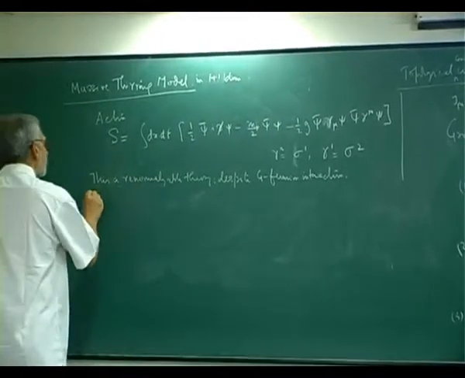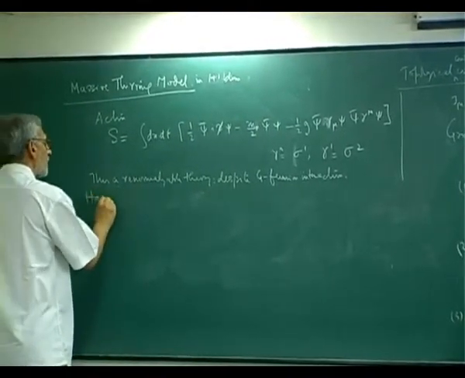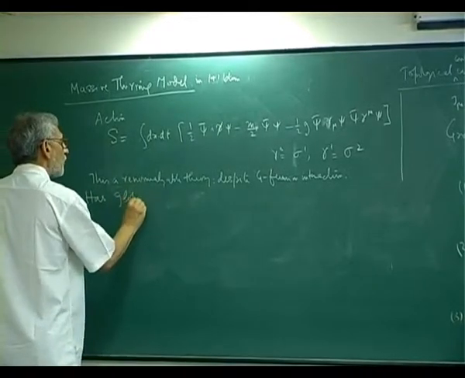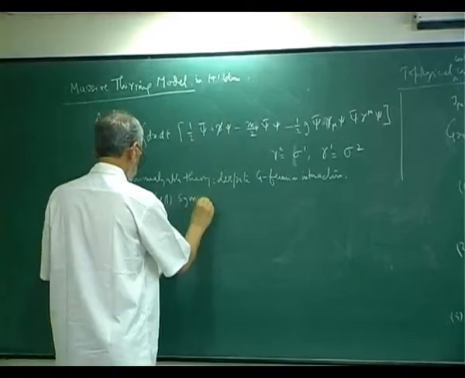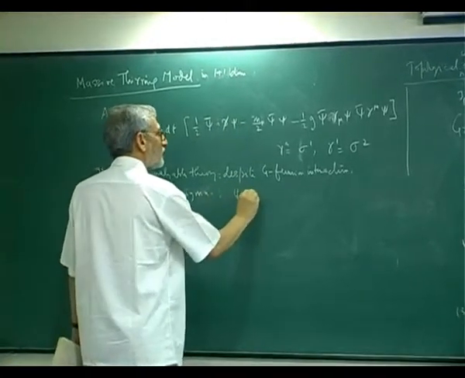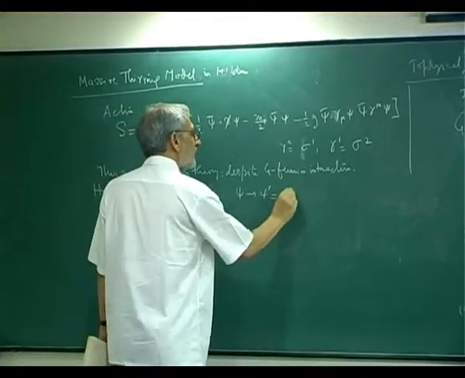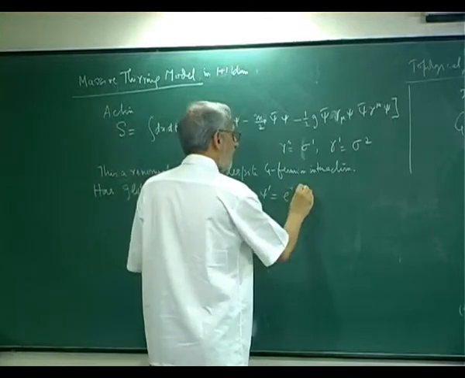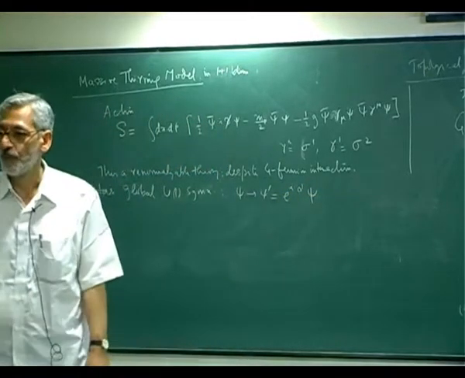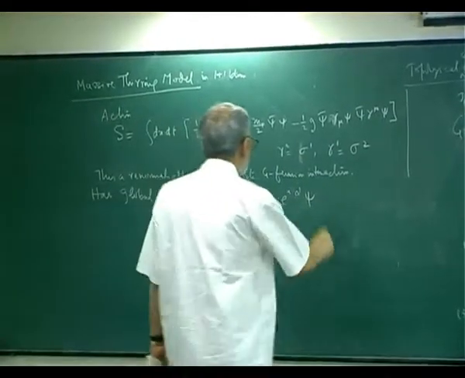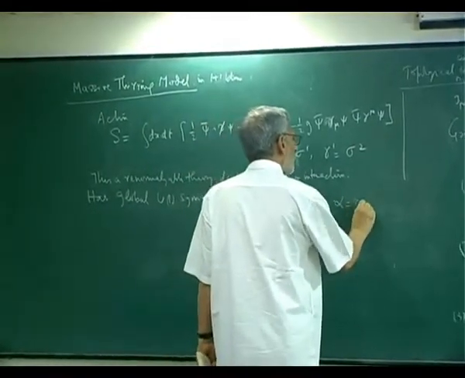This theory has a global symmetry, global U1 symmetry, since psi goes to psi prime, exponential i alpha psi, where alpha is a constant. That's what global means.